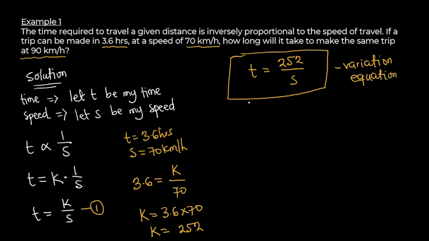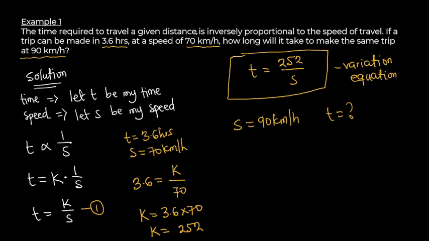Now, the second aspect of the question is telling us to find how long it will take to make the same trip but at a different speed. So we have a higher speed. Our new speed is 90 kilometers per hour, and we are to find the time it will take for this. Straight ahead, there is a conclusion that I can make from this question.